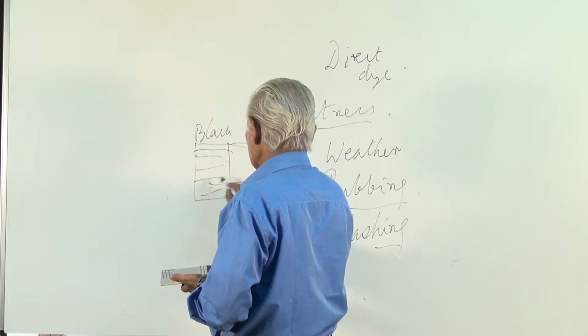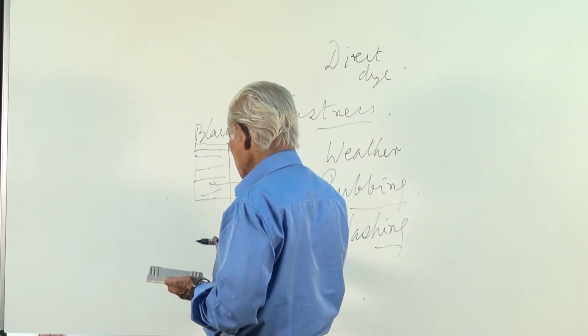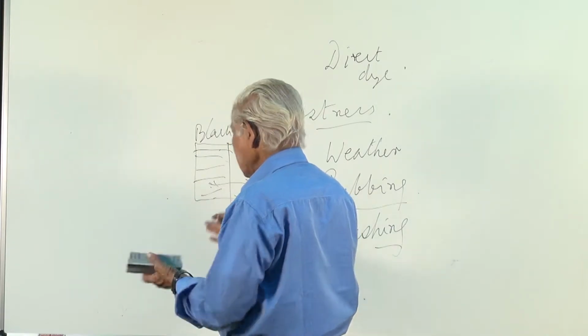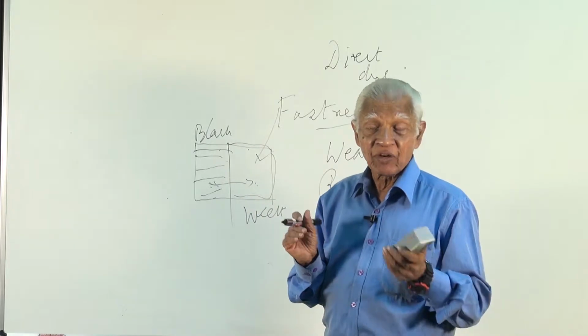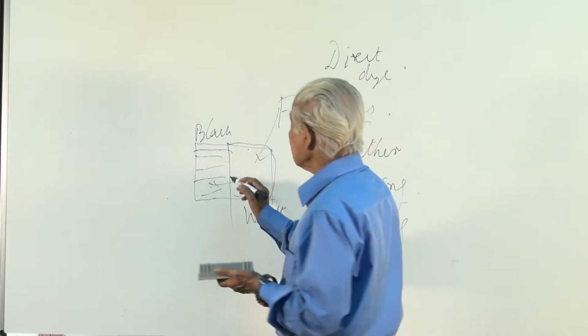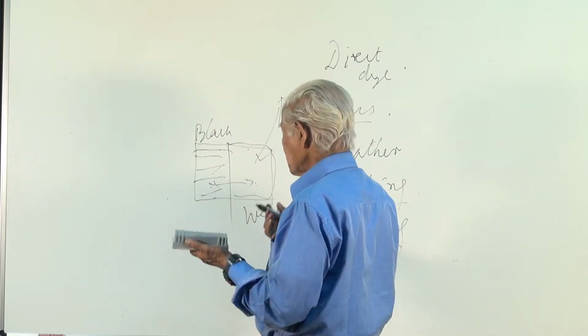Suppose there is no difference at all between the covered portion and the uncovered portion, it is said that there is no change in the fastness properties, and fastness properties of the dye are excellent. On the other hand, if there is a fading, then the fastness is poor.